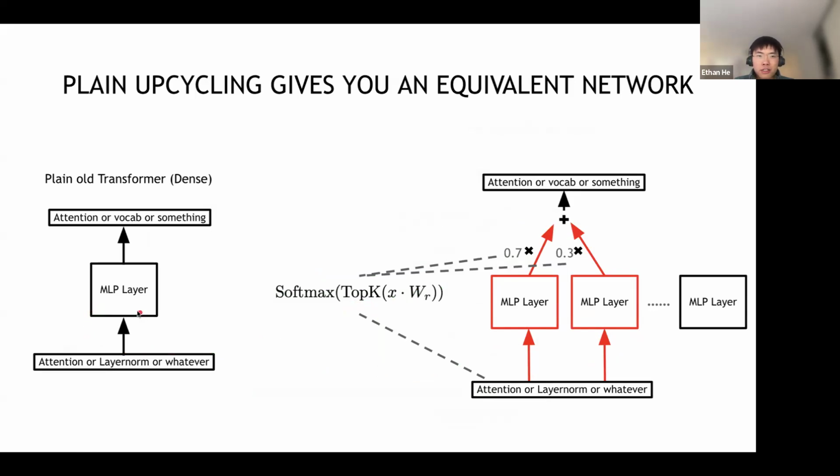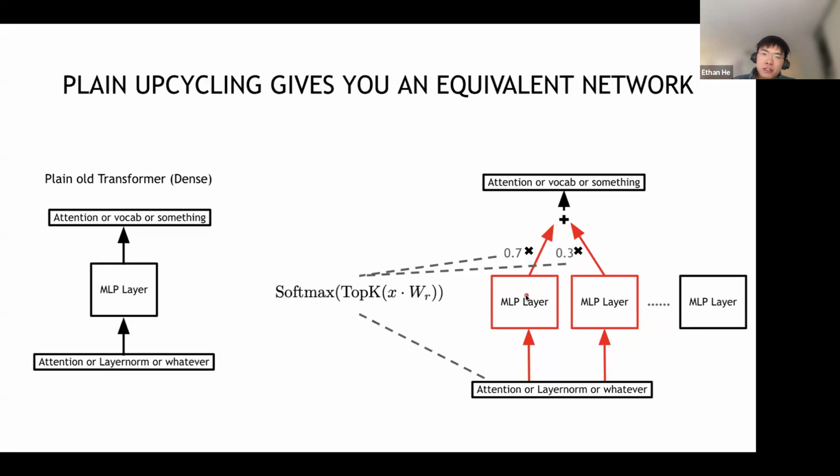Let's say you have the MLP copied, and then you do the top K first to select 2 experts, and then you do the softmax on top of the logits from the top K router. In this way, because the softmax is applied to the top K output, it always sums up to 1. Here I give an example, 0.7, 0.3, and then you add these 2 outputs together.